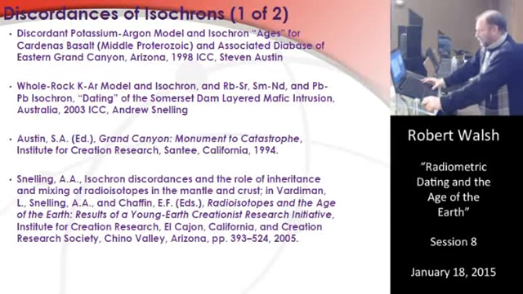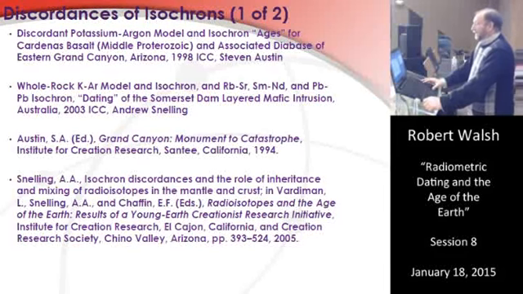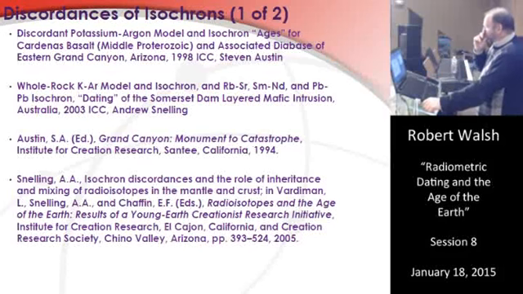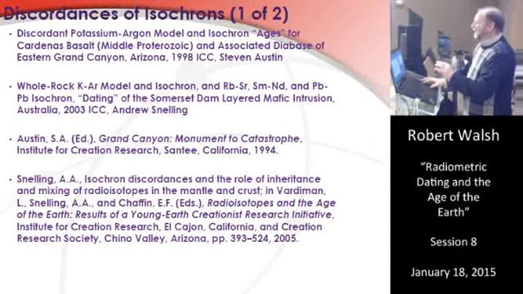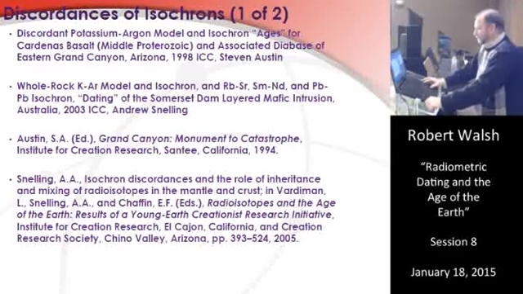This is a paper found in the RATE books that we were looking at. The point of showing these is that this is peer-reviewed research by creationists discussing the discordances of this straight-line approach with isochrons. It's not as clean as they want it to be.